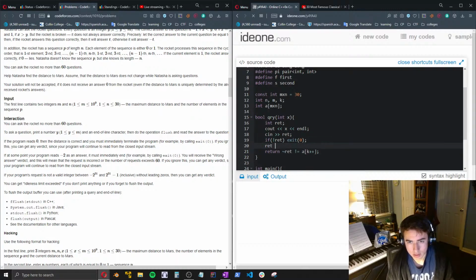Ret is equal to... What are we gonna do for this? Let's keep it as an int. Actually, I prefer that. Ret times equals a of k, and then just k.